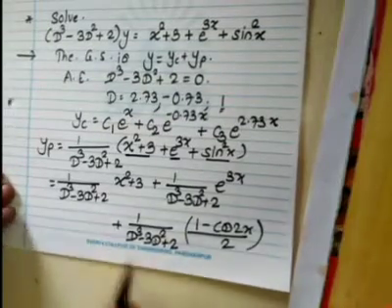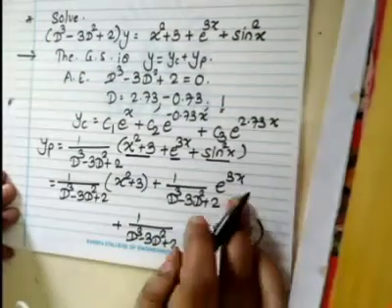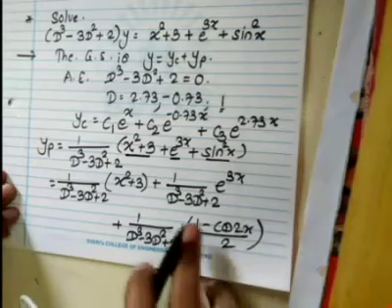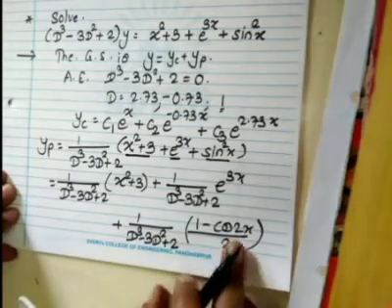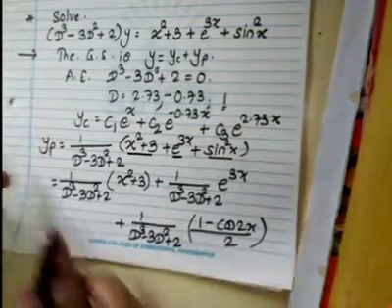Okay, then first thing it is a polynomial, second it is e, and third here it is 1, so we can write e raised to 0x and cos we can solve. Okay, so I am writing it again.